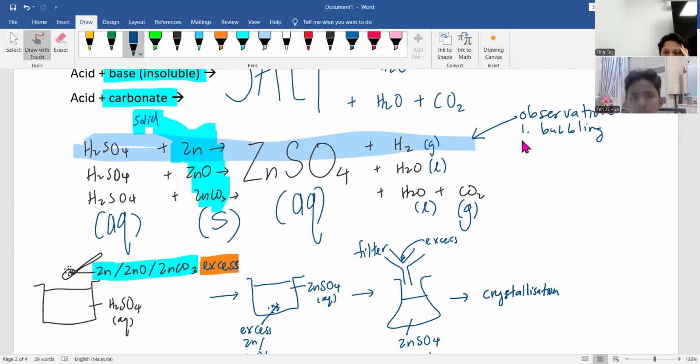The observation is the same for the first one and the third one. Heat is not an observation. Color change? No, in this case no color change.